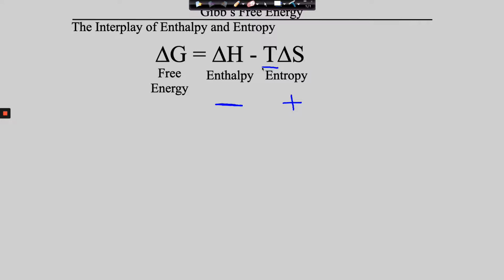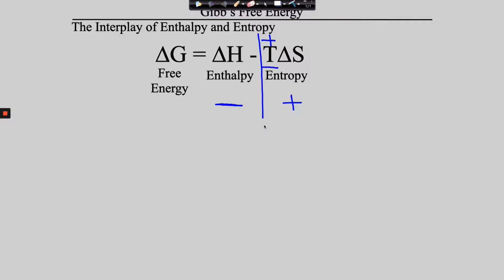Temperature. What are the units for temperature in this equation? Kelvin. What can a Kelvin temperature never be? Negative. That's why we use Kelvin temperature. Kelvin temperature can never be negative because absolute zero is the basement for temperature. So that means that T is always positive.